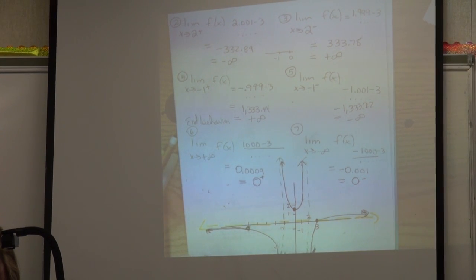Saying that when there's one vertical asymptote, you'll never run into this situation. Okay. So it's kind of like the vertical asymptote and the horizontal asymptote are equally important.